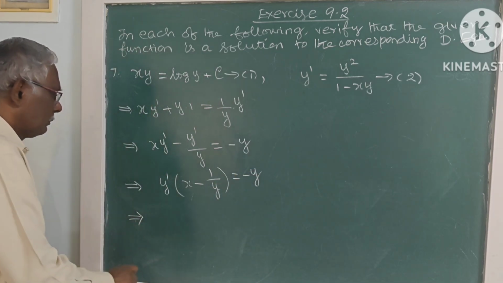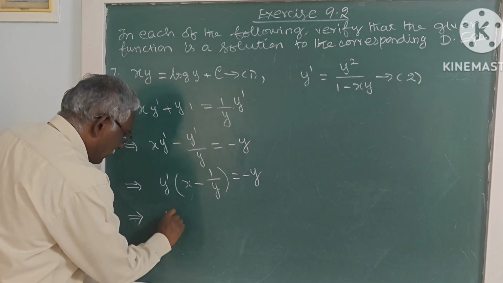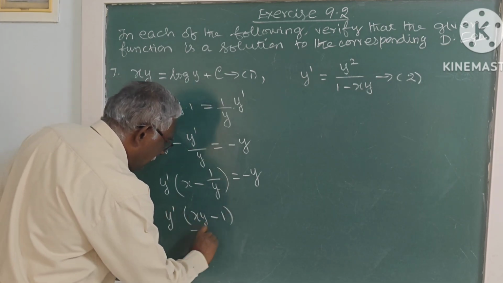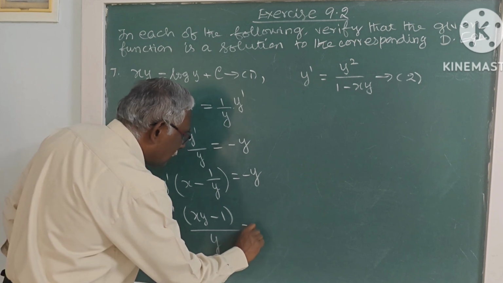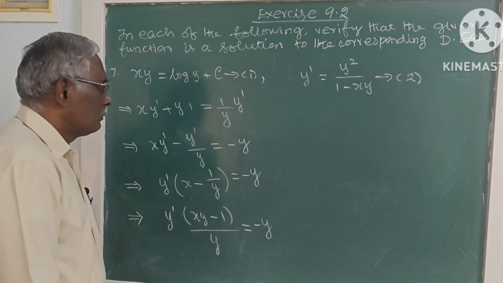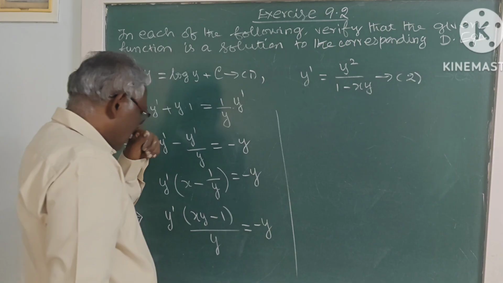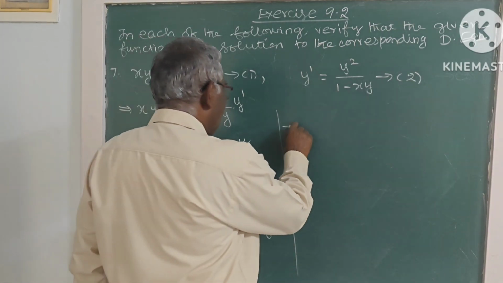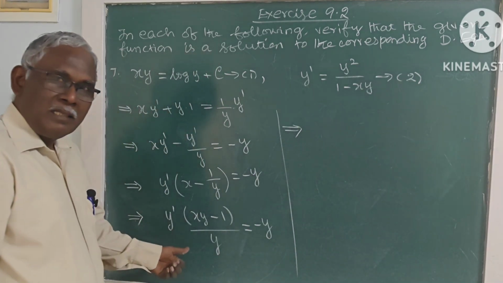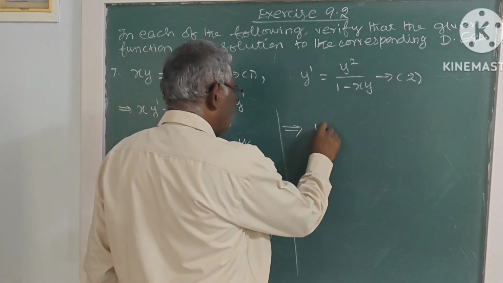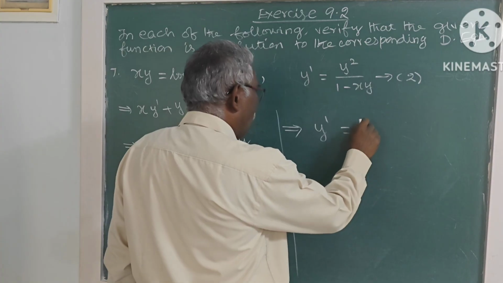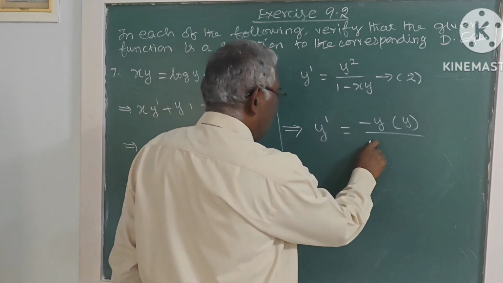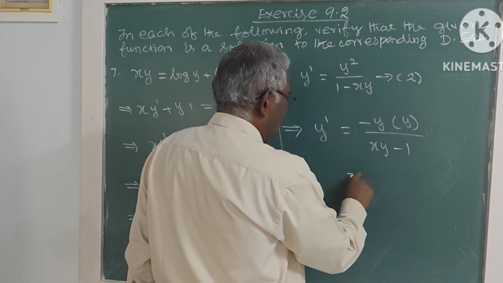This gives y dash is equal to minus y into y by xy minus 1.